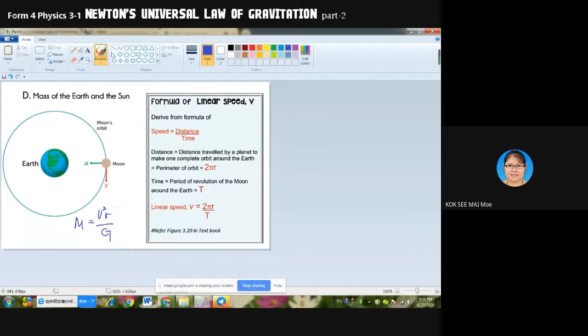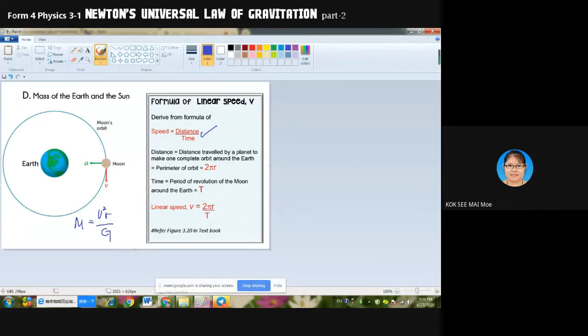Remember velocity, or you say the linear speed. From the formula for speed, there is distance over time. Agree? Before that, we learned speed is distance over time. Distance means the body travels to make one complete orbit around the Earth.